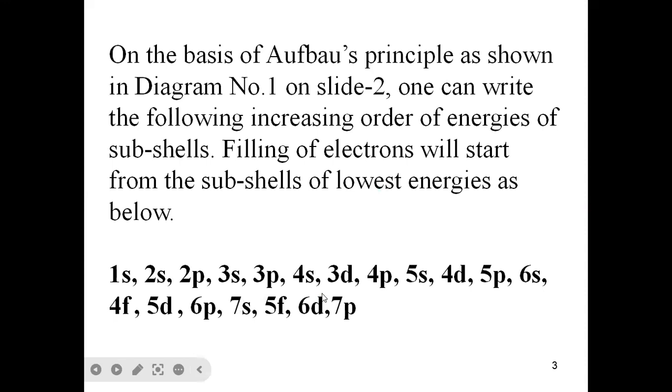Here you can see 4s is of less energy in the energy level diagram and is more penetrated into the nucleus, so this comes first, then 3d. Here we can see 5s comes first as compared to 4d, and so on.